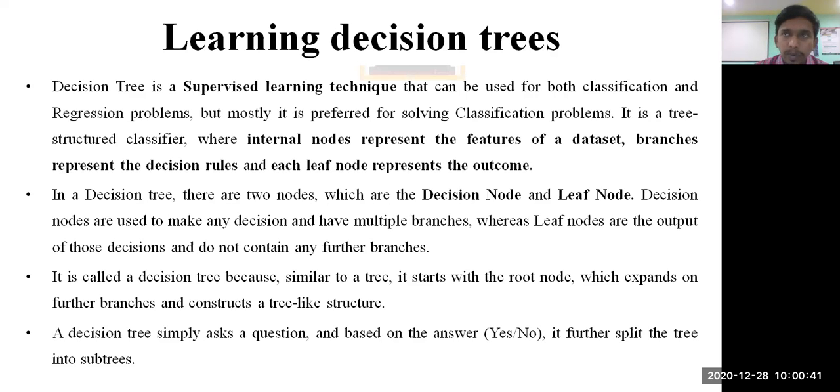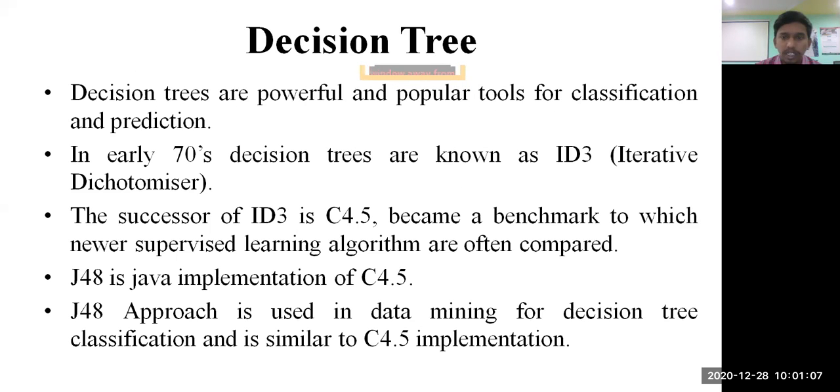It is easy to implement and easily understood because of the tree-like structure, which makes it easy to understand how decisions are made. A decision tree simply asks a question, whether from the given set of samples the decision should be yes or no. Depending on that decision, it further splits the tree into subtrees. Let's try to understand the history of this decision tree.